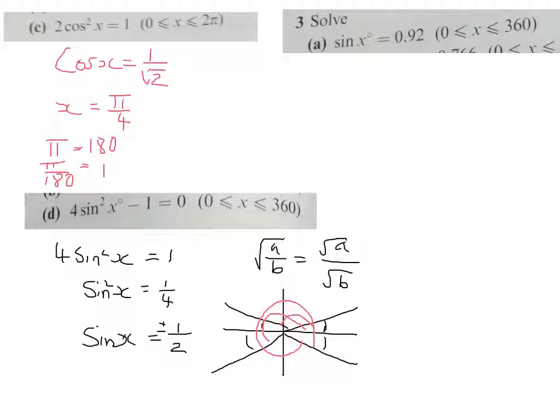So once you've got your pi over 4, we've got a positive or negative response again here. And so we would have all 4 quadrants, pi over 4, pi over 4, pi over 4, pi over 4. And that would give us the solutions. Pi over 4, which is just a quarter of pi.